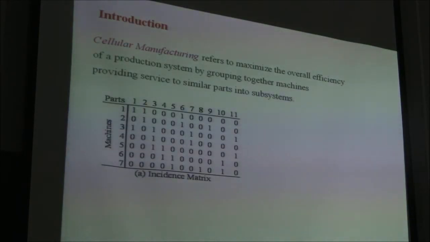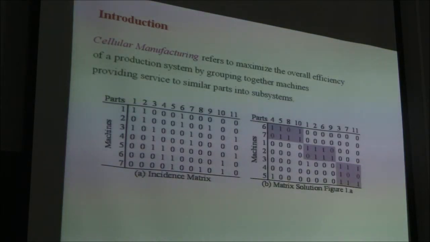So let's take an example. Here you have 7 machines and you have 11 parts. And there's a 1 in the matrix whenever, for instance, the element ij is equal to 1 if machine i provides service to part j. This is the definition. So the idea is to make subsets of machines and parts that are interacting very much.